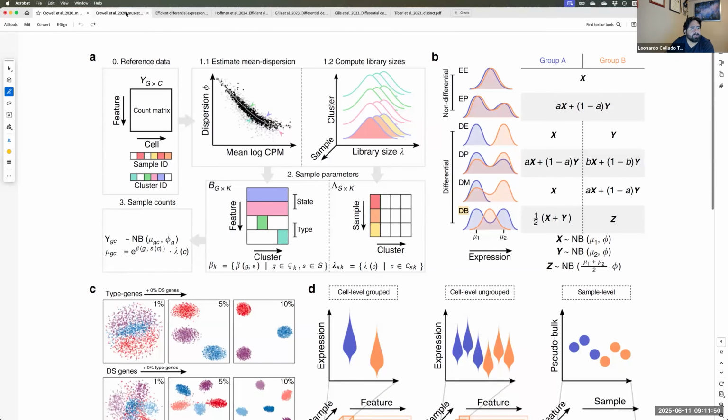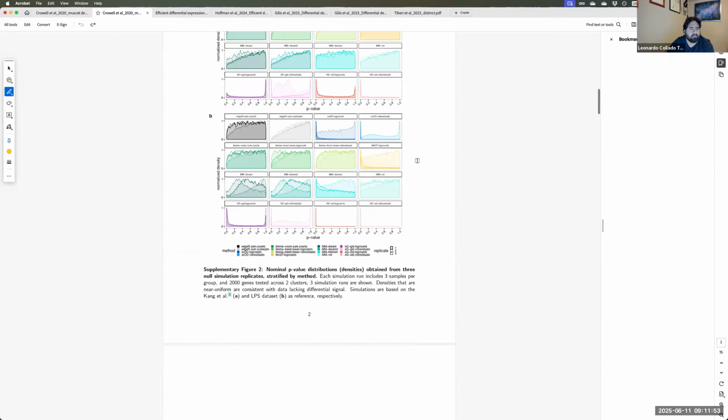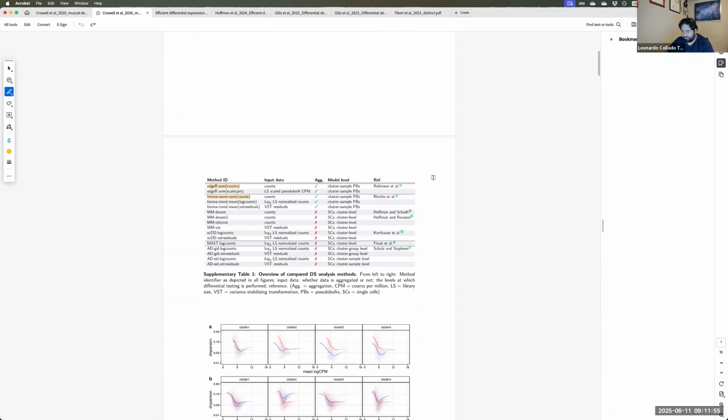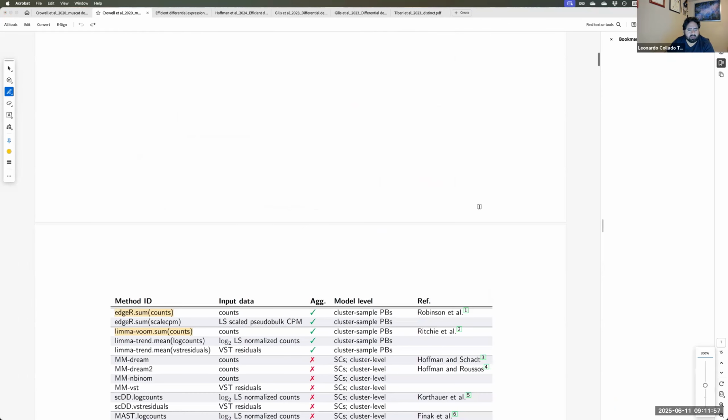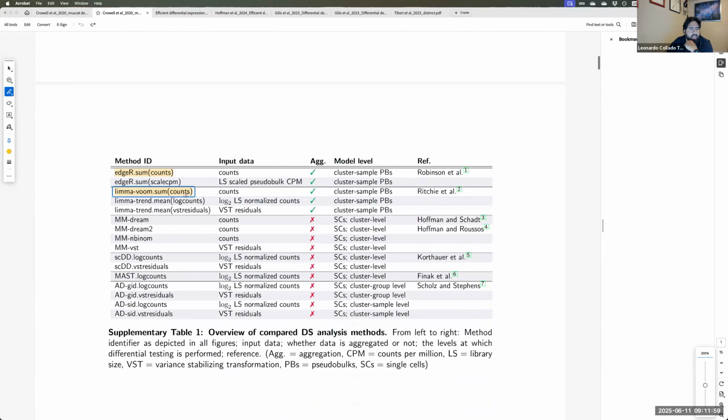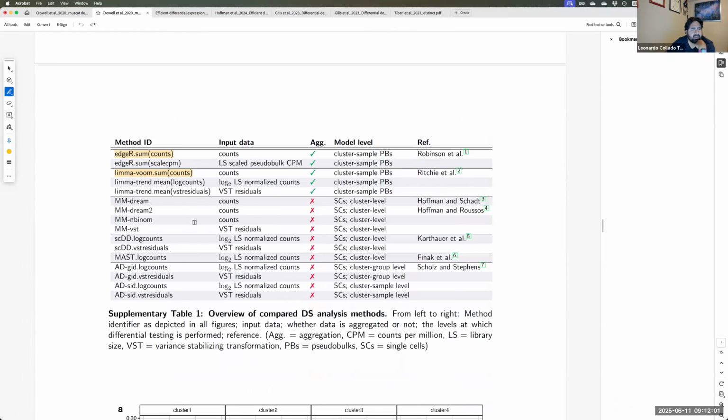And so in their supplemental table 1, they list a bunch of methods that they compare. Some of these methods are going to be using pseudobulk data. However, there are also questions of what type of data should use pseudobulk. And then other methods are doing the analysis at the cell level.